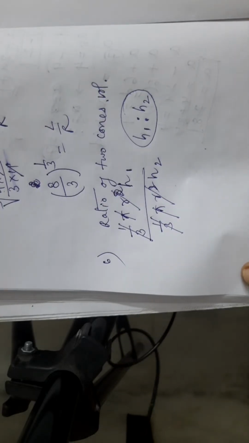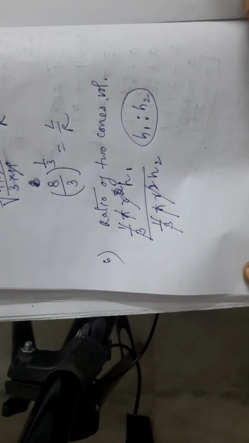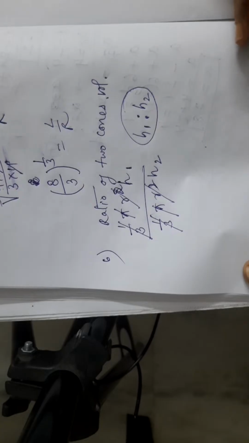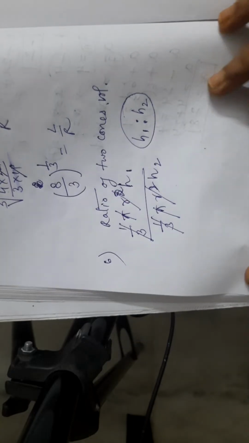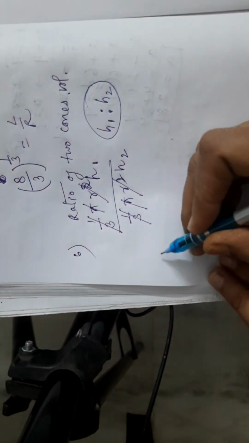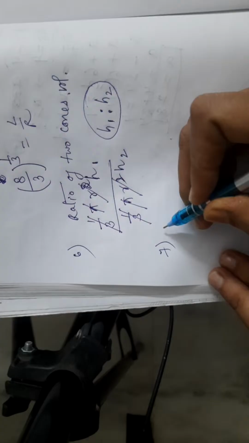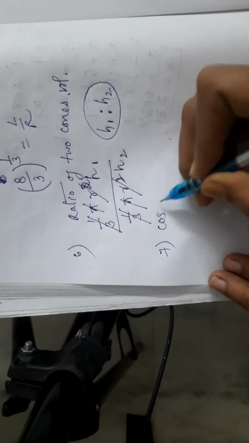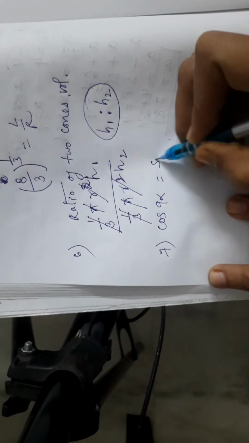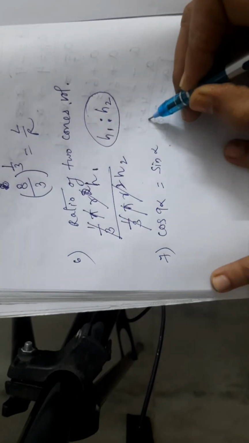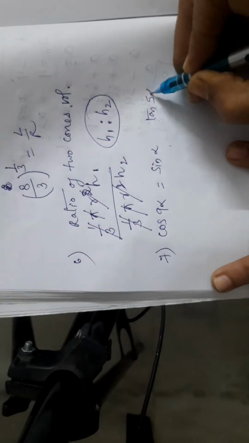Now the next question is given: if cos 9 alpha is equal to sin alpha, then find the value of tan 5 alpha. Here the seventh question is given, cos 9 alpha is equal to sin alpha. We need to find the value of tan 5 alpha.